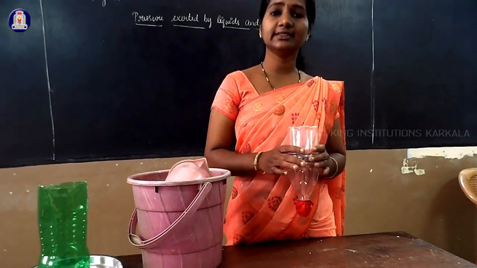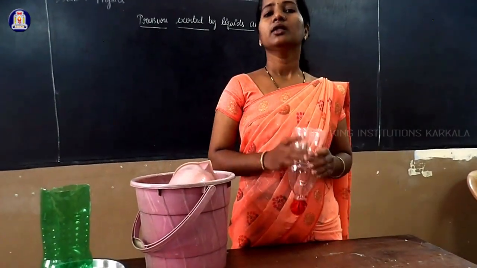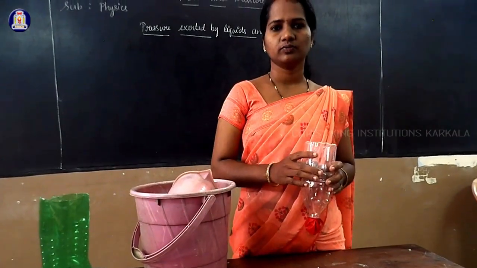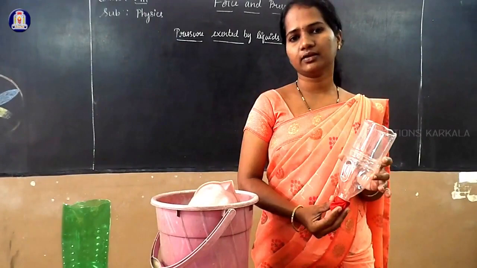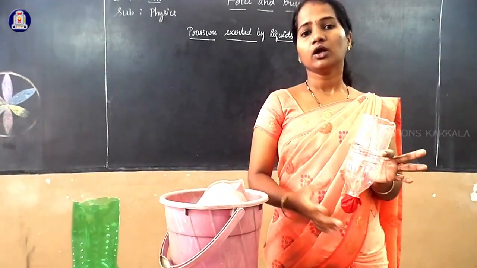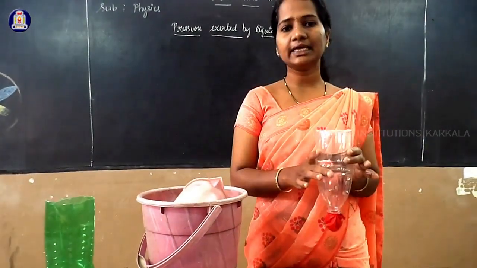We studied that solids exert pressure. In the same way, liquids also exert pressure. The pressure exerted by the liquid at the bottom of the container mainly depends on the column of water in the container.